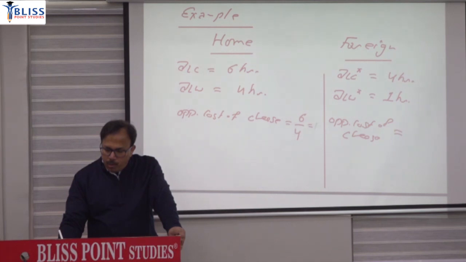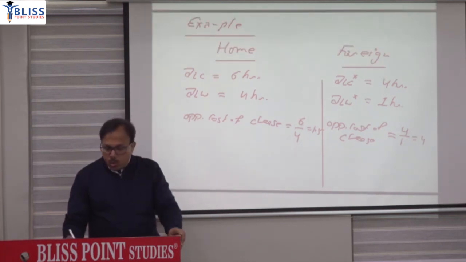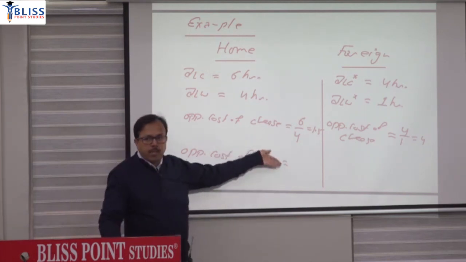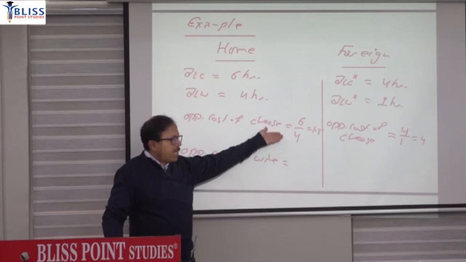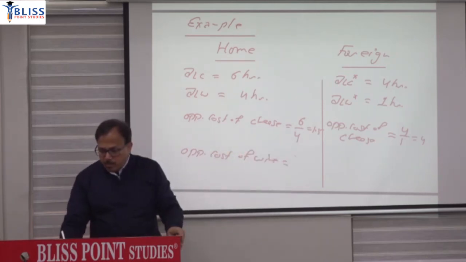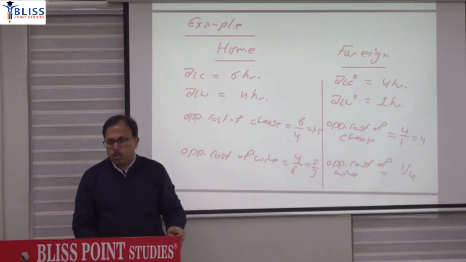Home country में ये 1.5 हो गया, foreign country में it is 4 by 1, 4. Similarly you can calculate opportunity cost of wine. वाइन के लिए नंबर क्या हो जाएगा? Just inverse of it. So if it is 6 by 4 then it will be 4 by 6, that is 2 by 3. And what is opportunity cost in foreign country? In foreign country it will be 1 by 4.